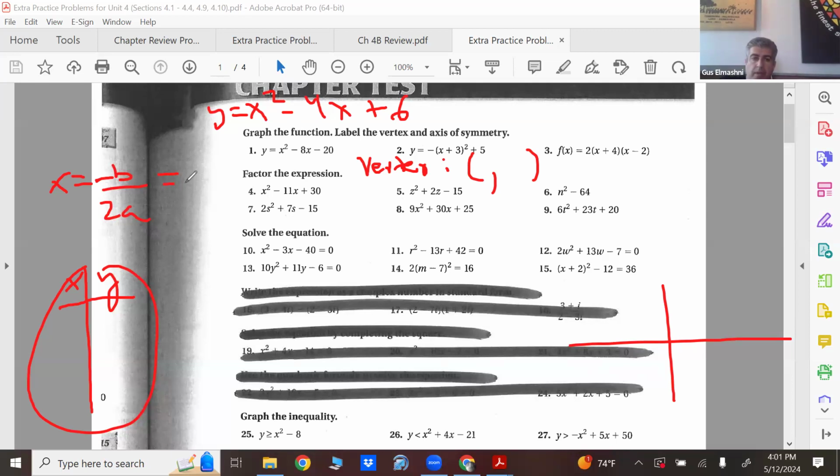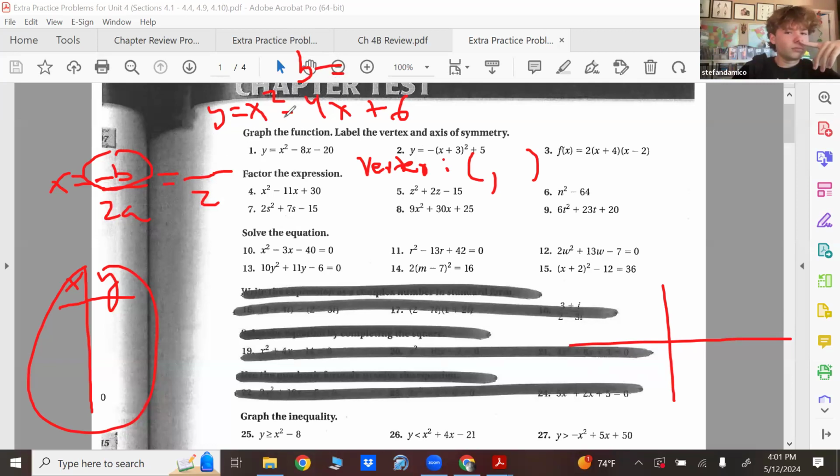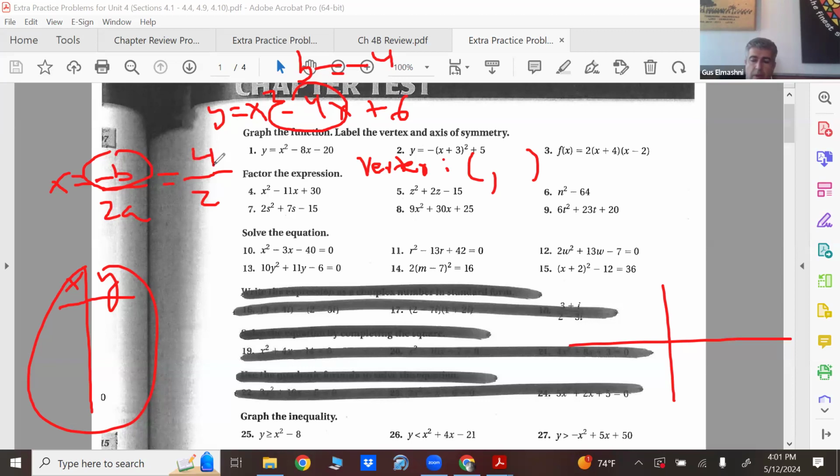Your bottom's right, your top's wrong. The formula is negative b. What's your b value? Okay, what's the negative of negative 4? Negative 1 times negative 4 is 4. Okay, what's 4 divided by 2?